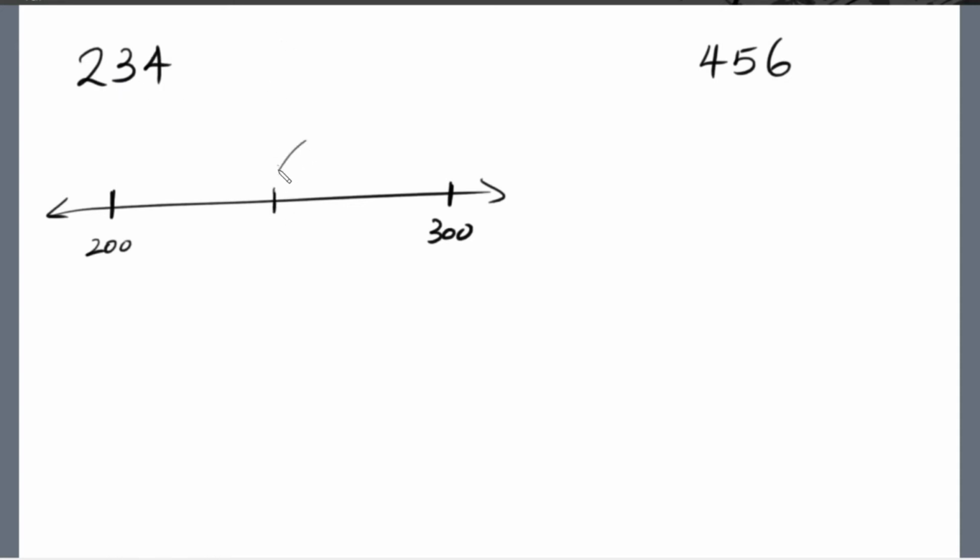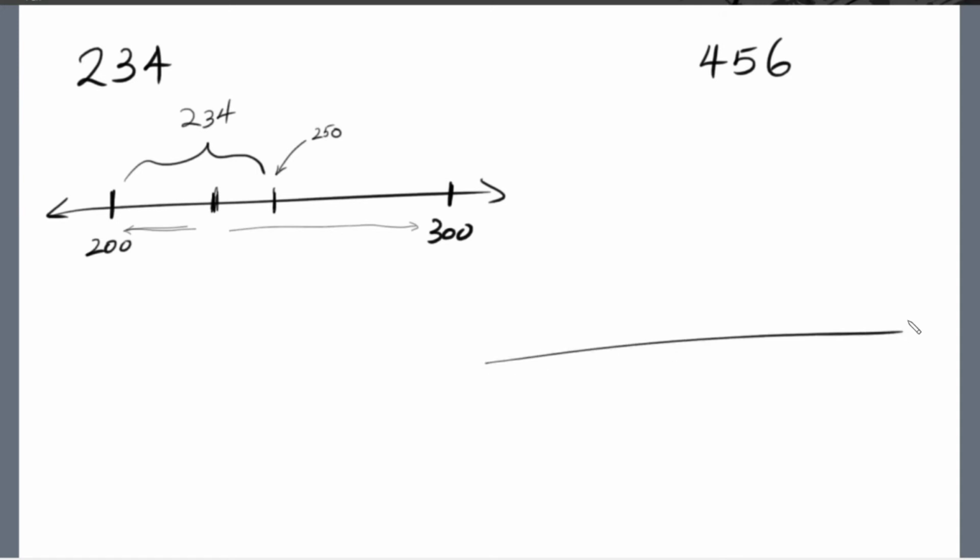Well, I know that 250 is in the middle. So that means 234 falls anywhere in this range. So 234 is somewhere in there. And we can say it's maybe like right here, kind of close there. And the closest hundreds to that is going to be 200 because it'll only take a little bit more to get to the 200 than it will to get to the 300. So the closest hundreds here, when we round 234 to the closest hundreds, is 200.